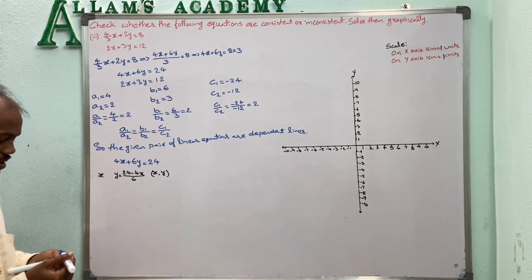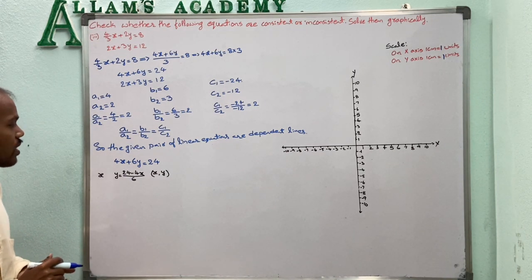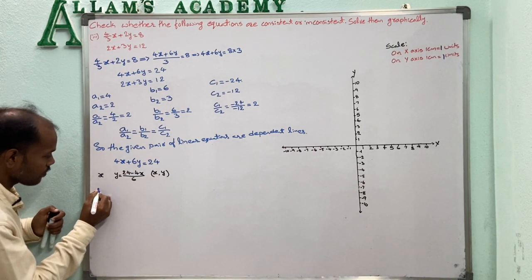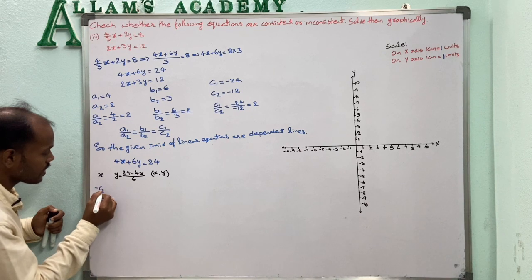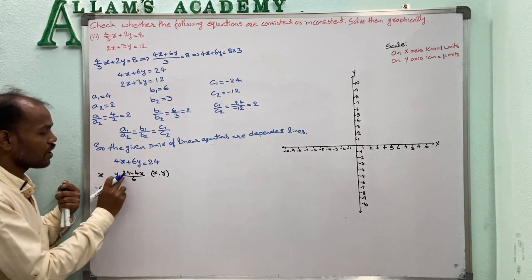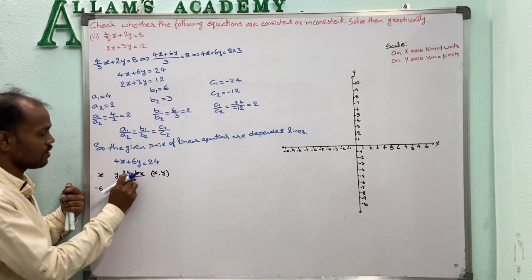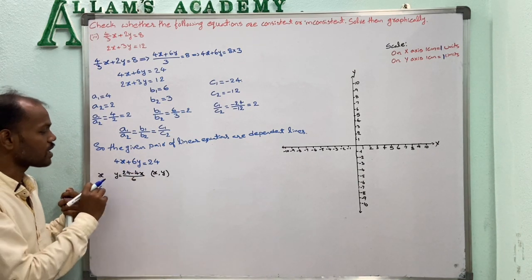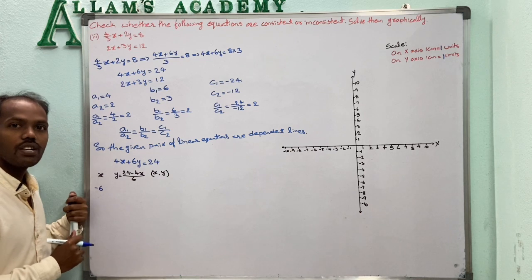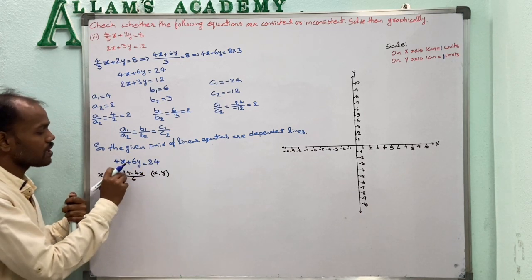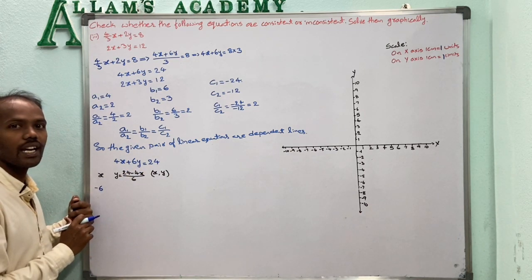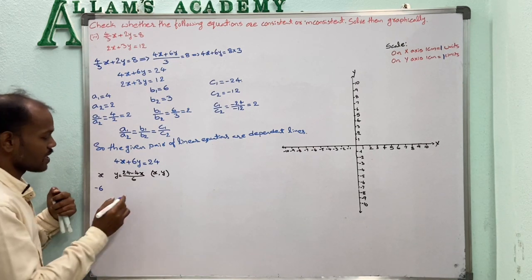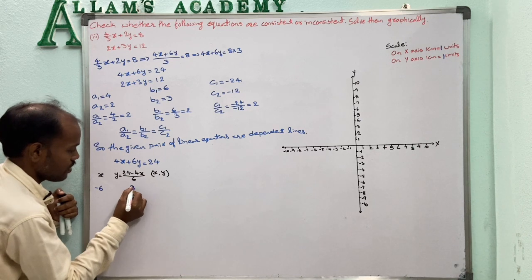For different x values we substitute. First, if we substitute minus 6, we get 24 minus 4 into minus 6; minus into minus is plus, 4 sixes are 24, so 24 plus 24 equals 48, and 48 by 6 is 8.